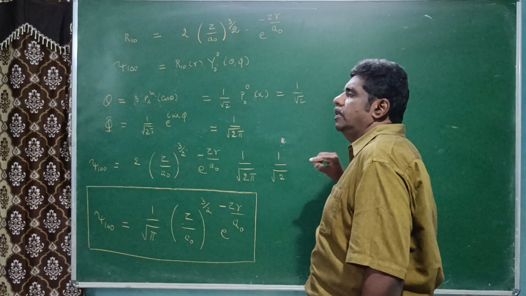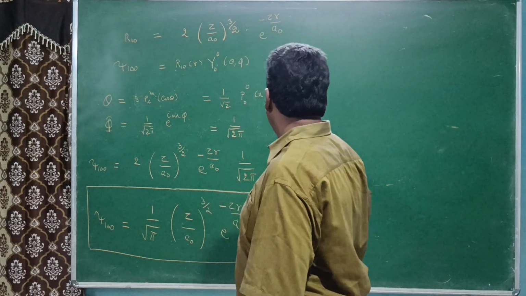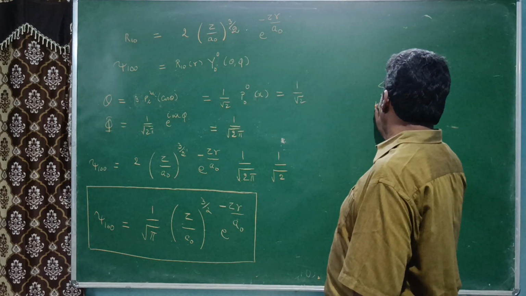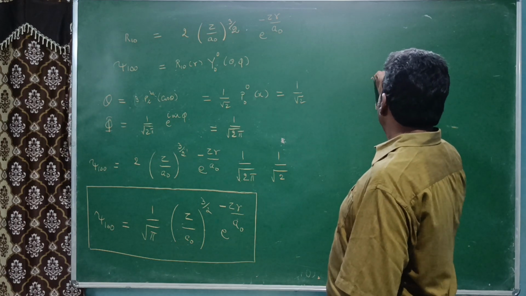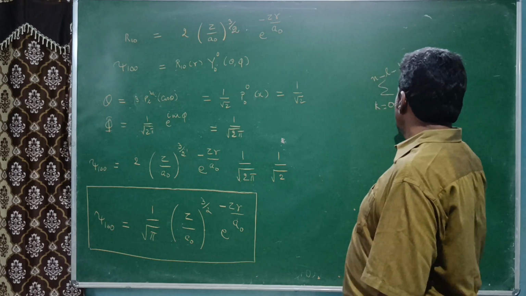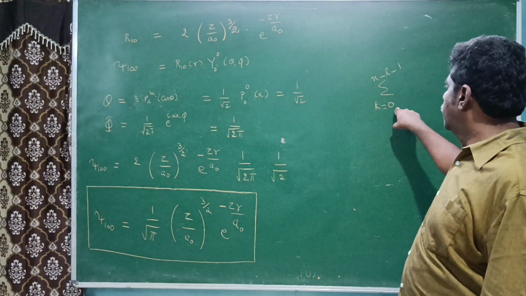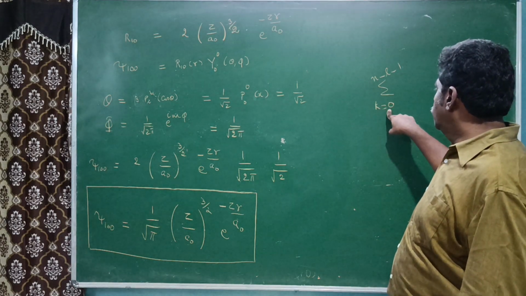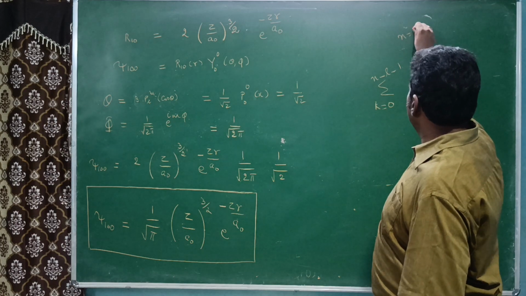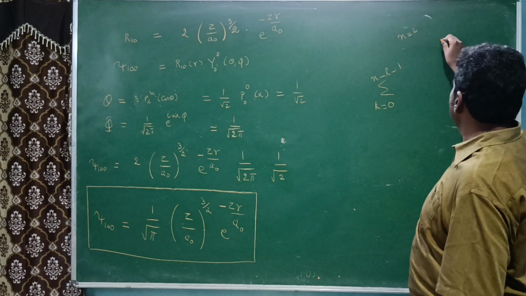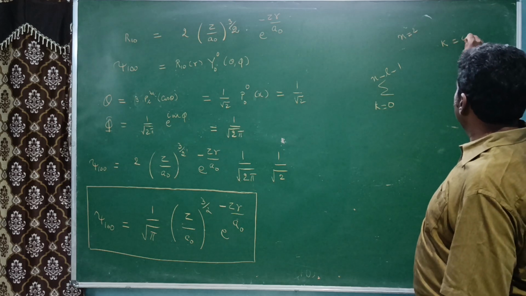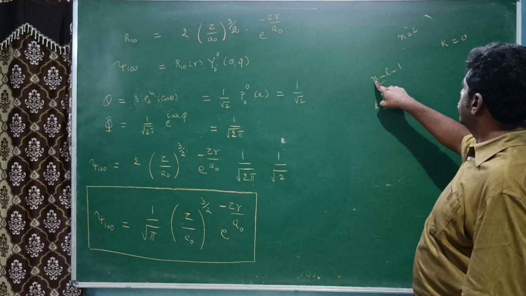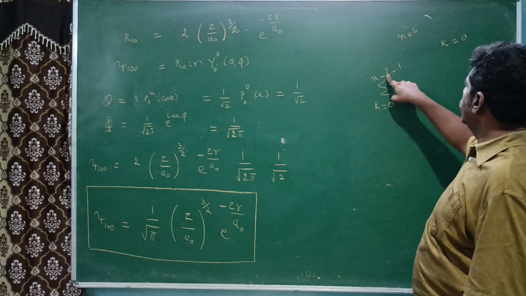But the only condition is, in the Laguerre polynomial, you have to use the summation. The value of k equal to 0 to n minus l minus 1. We have to use this condition. Suppose n equal to 2, the possible values of k are, see here, k equal to 0, then n minus l.